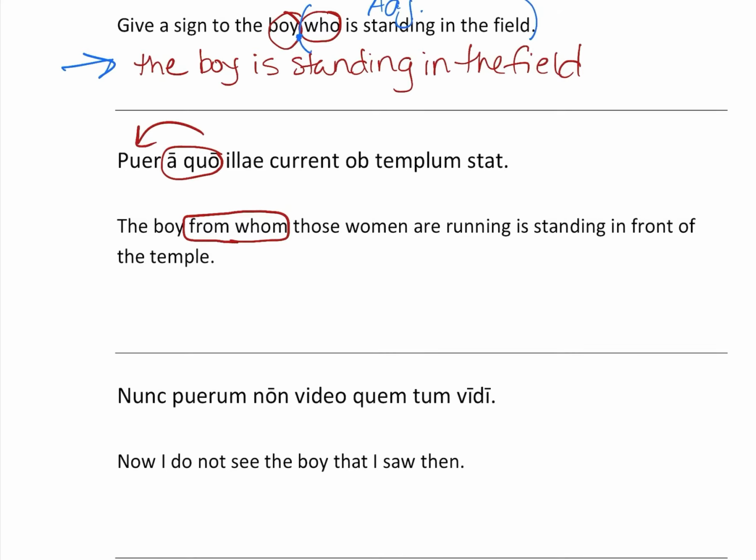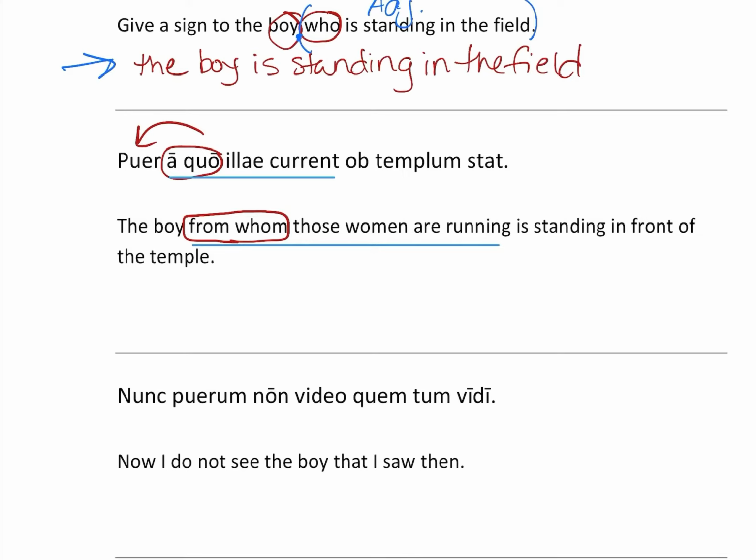right here. So let's change colors. The boy from whom those women are running. Oops, I should not have done the boy here. From whom those women are running. And the rest of the complete sentence is, the boy is standing in front of the temple.